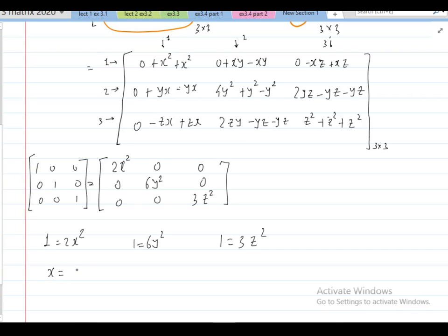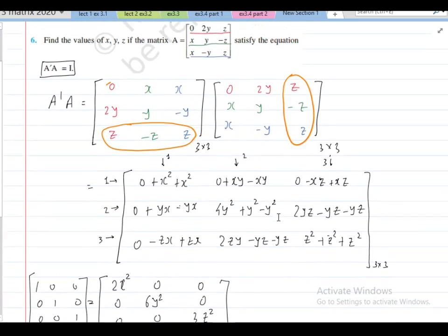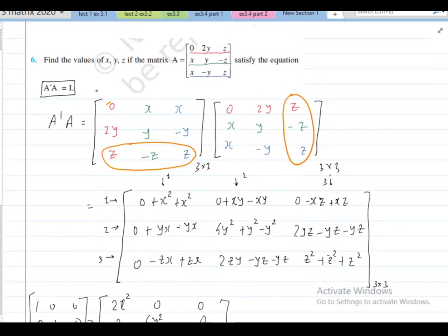So x will be plus or minus 1 by root 2. Okay, y will be plus or minus 1 upon root 6, and z will be plus or minus 1 upon root 3. Is your final answer. Okay.